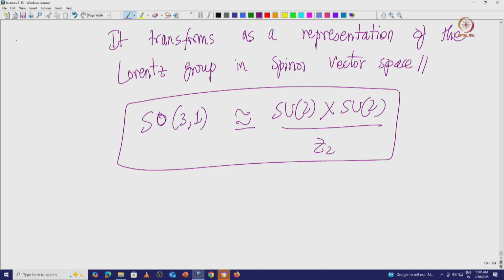So SO(3,1) is the group of Lorentz transformations, and this is isomorphic to SU(2) times SU(2). It's a direct product of two SU(2) groups, and Z2 modded by Z2. I'll tell you what a Z2 is.